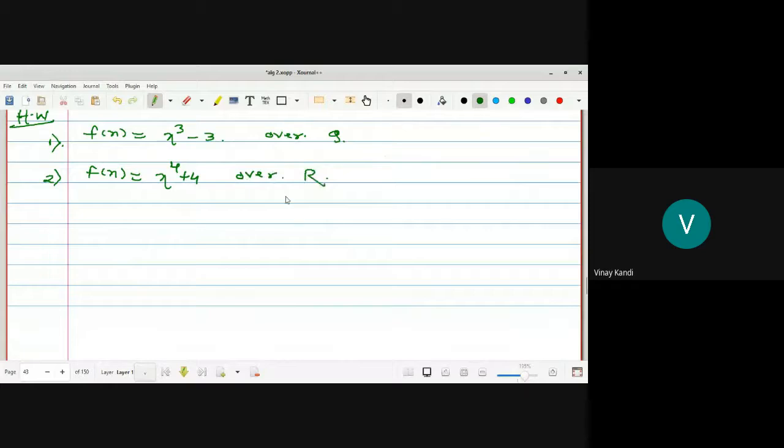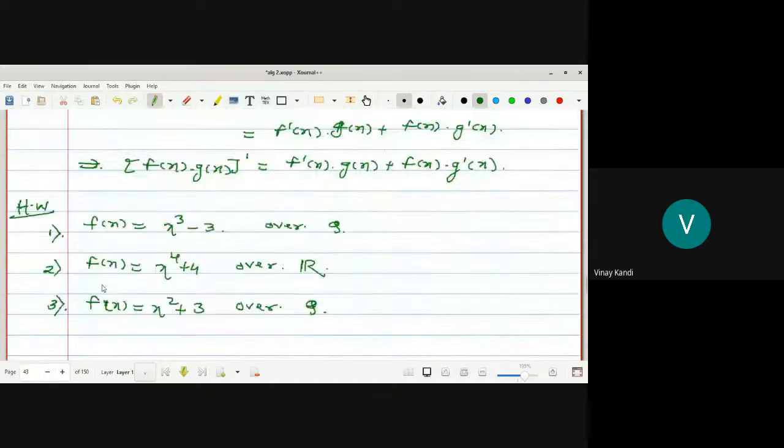Third one, f of x is equal to x square plus 3 over the field of rational numbers. Okay. Any doubt up here? No, sir. So for today, it is sufficient.